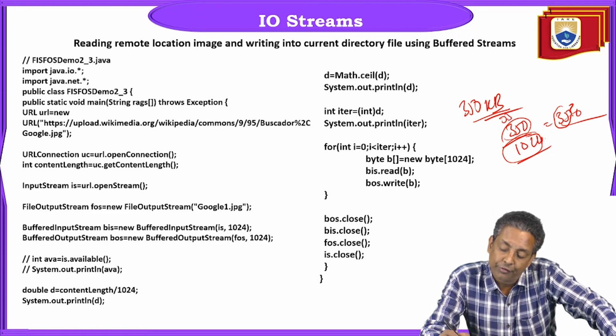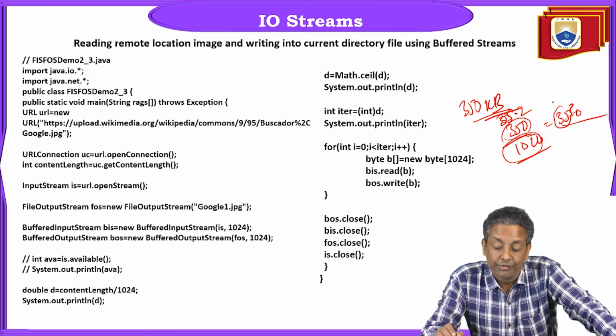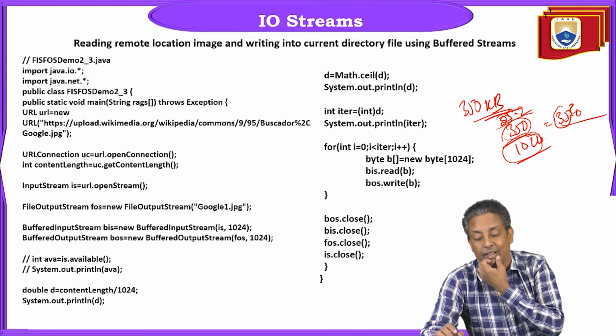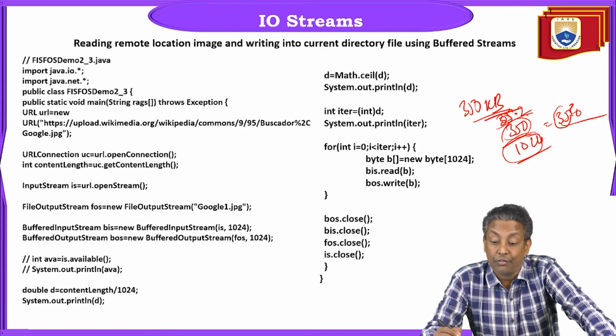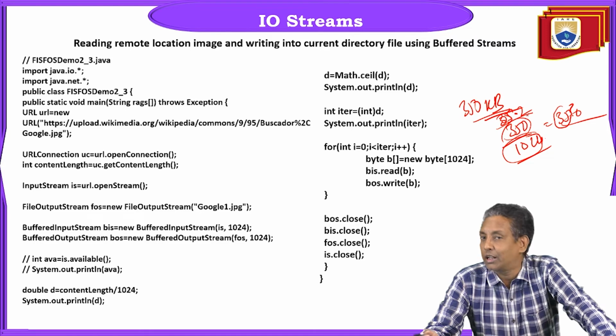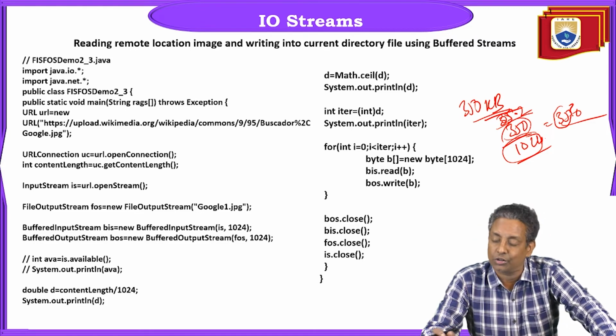Suppose the file size is 350.2 or something like that. Sometimes it may not be exactly 35 KB; sometimes it may be 35.2 KB, 35.3 KB, 35.5 KB, something like that, and not an exact round figure of 1024 bytes.